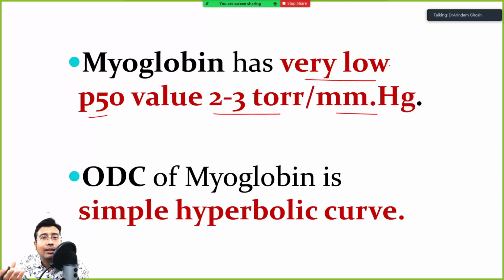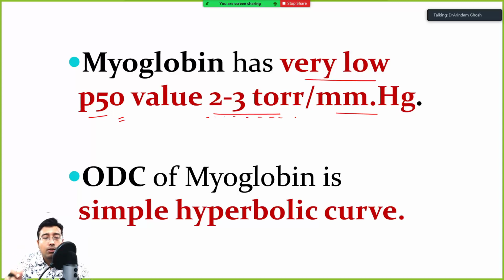So, how much high affinity was there? The P50 was 22, right? But you can visualize how much more affinity myoglobin has. It means even if there is 2 to 3 torr of oxygen, I mean the partial pressure is so low, still half of myoglobin will be saturated. Alright, so it is extremely low.